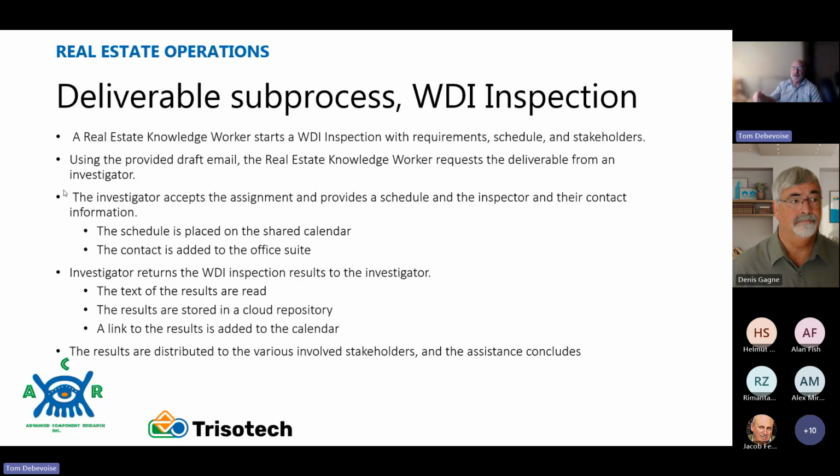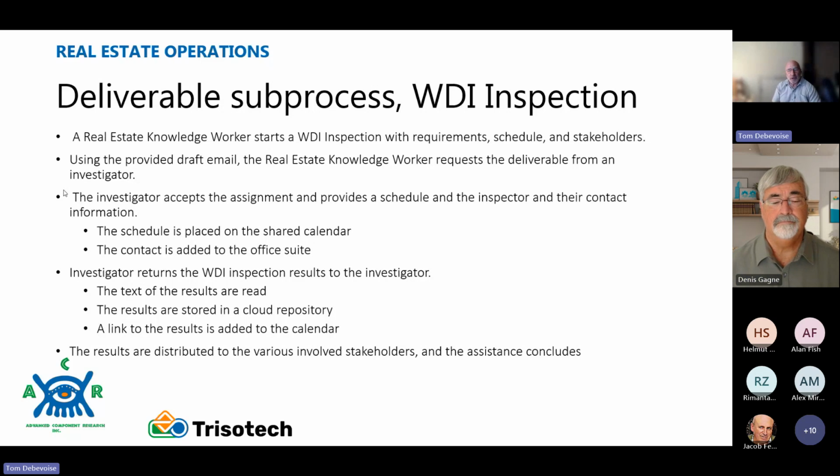We place the schedule on the shared calendar. We have a central calendar in Google Workspace or Office 365 that has all this on it, and then the inspector does his inspection and returns it.